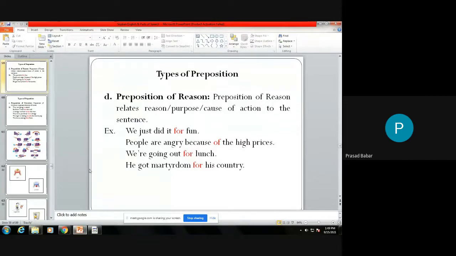It is because of high prices of petrol, or diesel, or CNG gas. So in this example "because of" is the preposition of reason, relating the reason or purpose or cause of action. Why are people angry? They are angry because of high prices. That is why "because of" works as a preposition of reason.